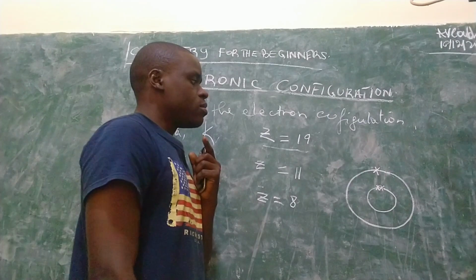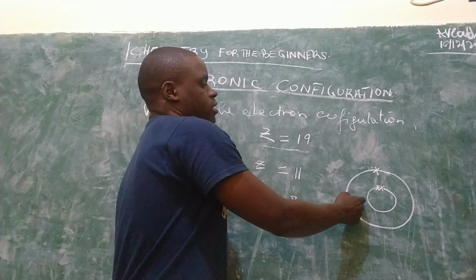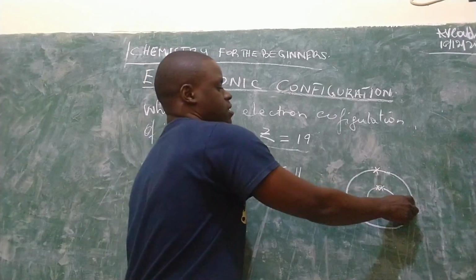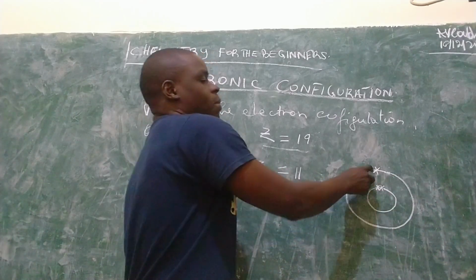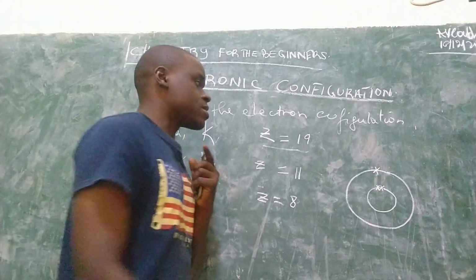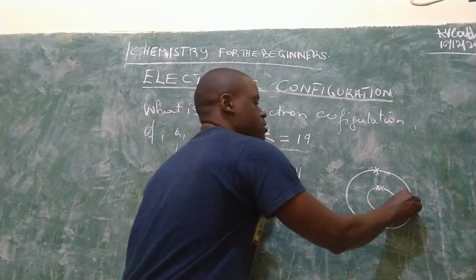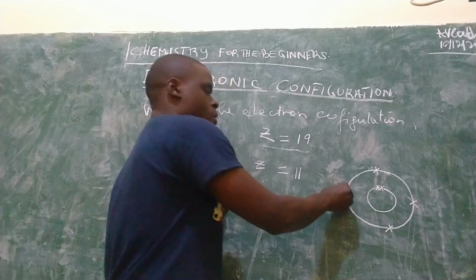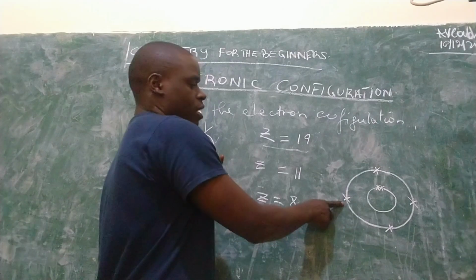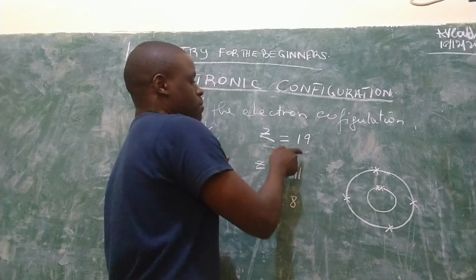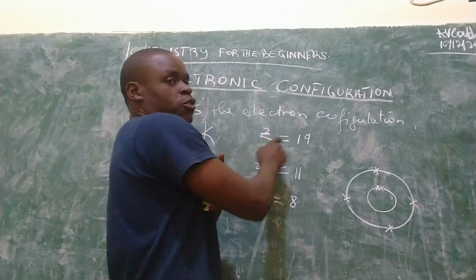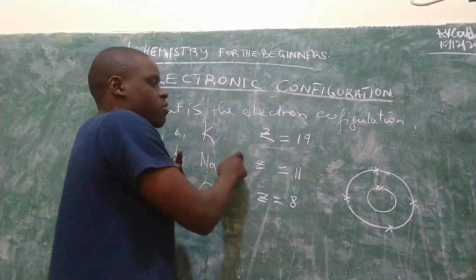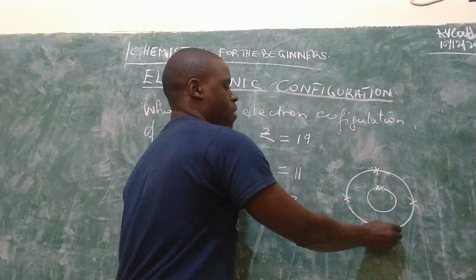The rule is that we first fill north, east, south, and west with single electrons. This is 1, east 2, south 3, and west 4. We add them to see that we are not exceeding the atomic number of the atom whose electronic configuration we are making. This is 1, 2, 3, 4, 5, 6.